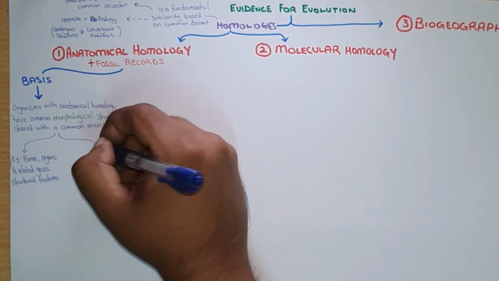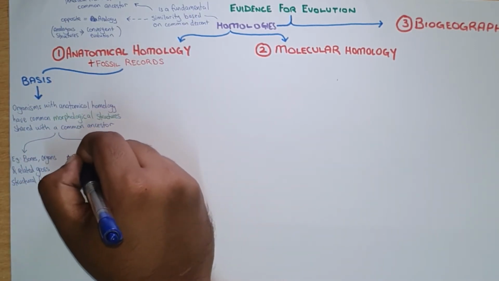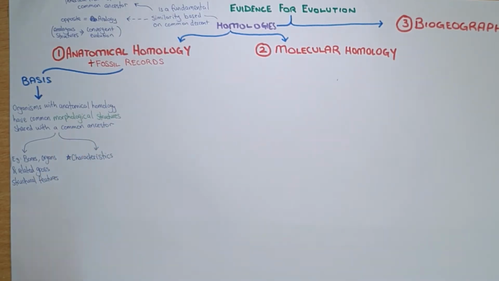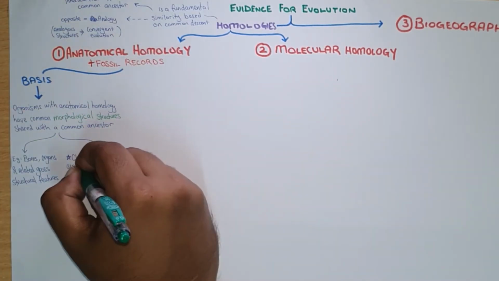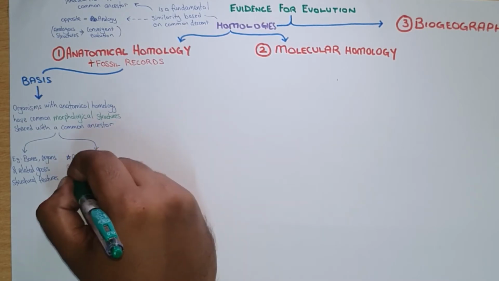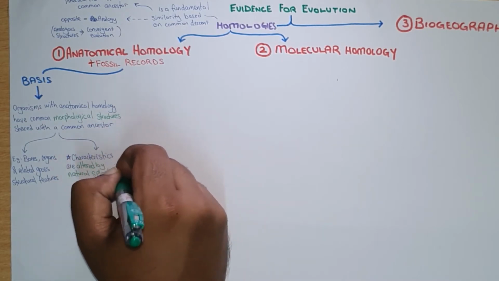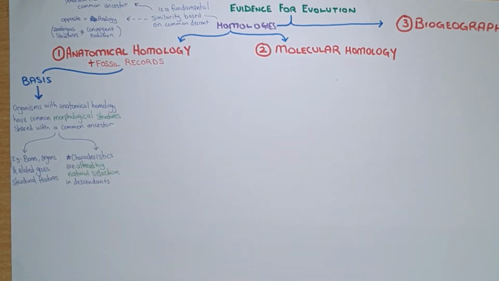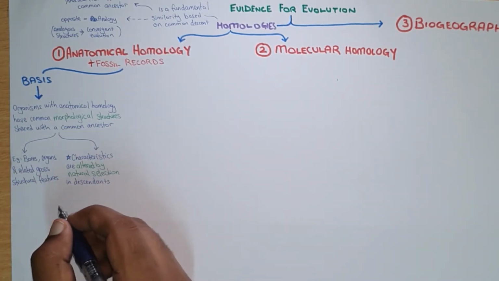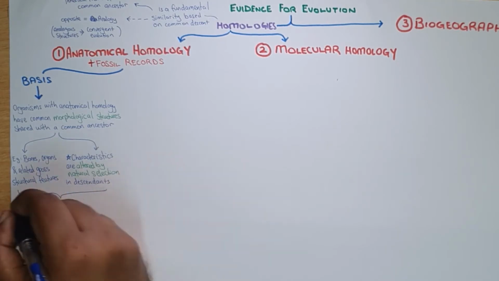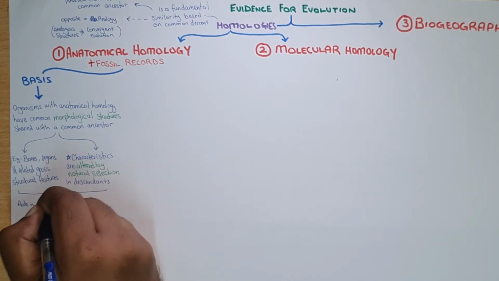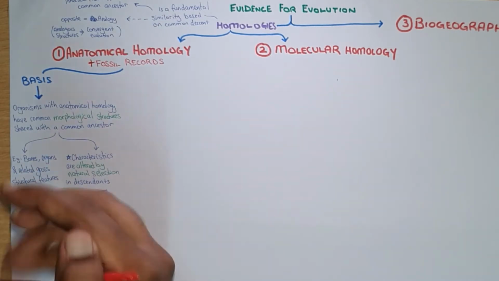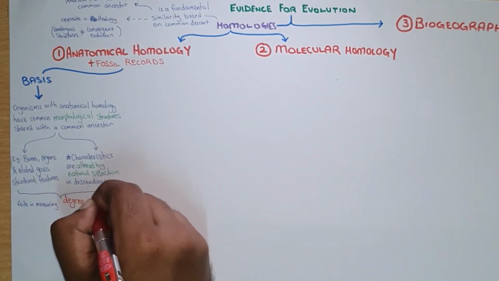There are certain bones and organs that may be conserved but look very different, and these characteristics are often altered by natural selection in the descendants. There can be a very early structure, but over time this was altered by natural selection. All of this together, anatomical homology, aids in measuring your degree of relatedness.